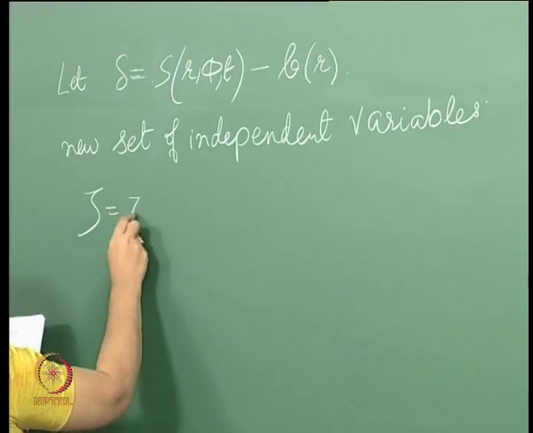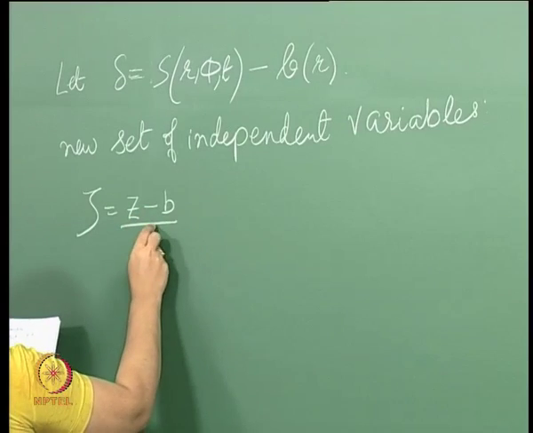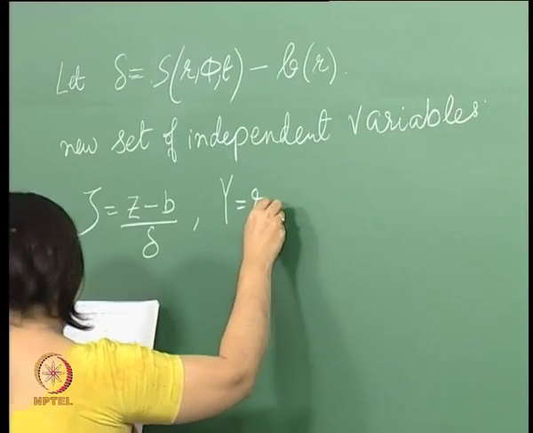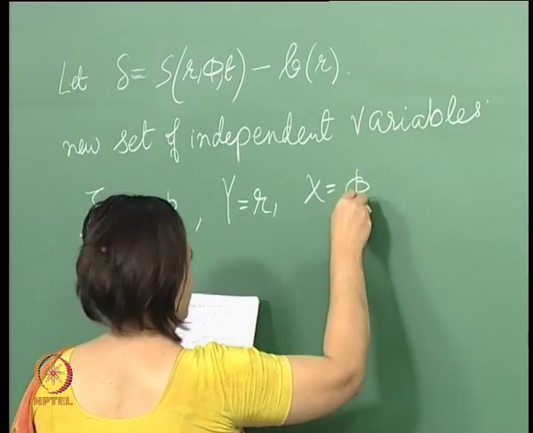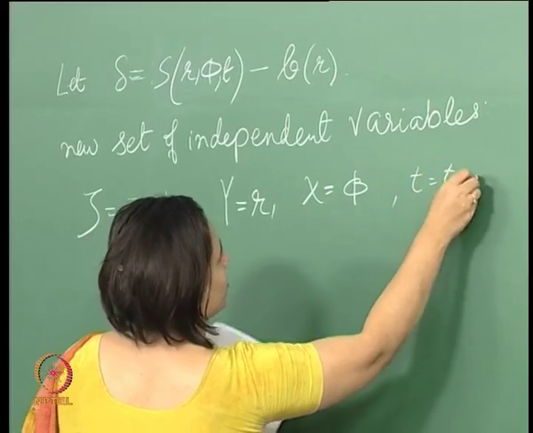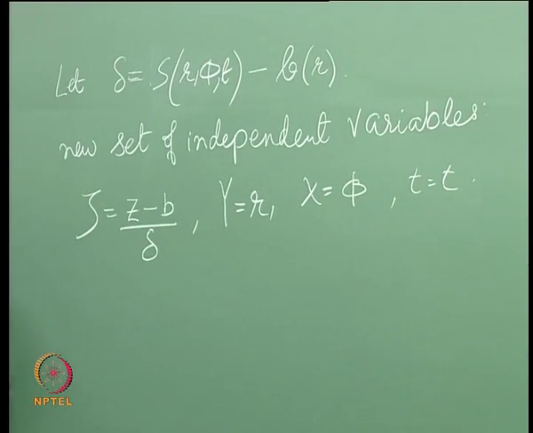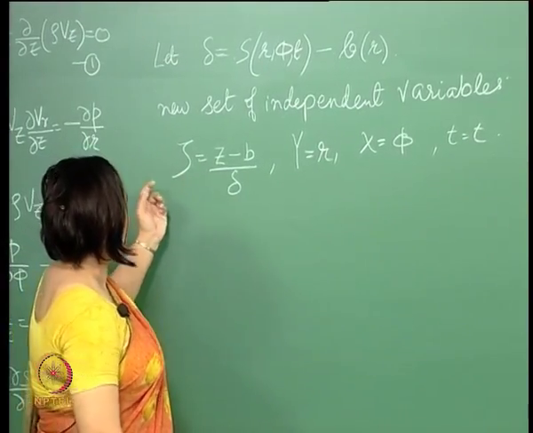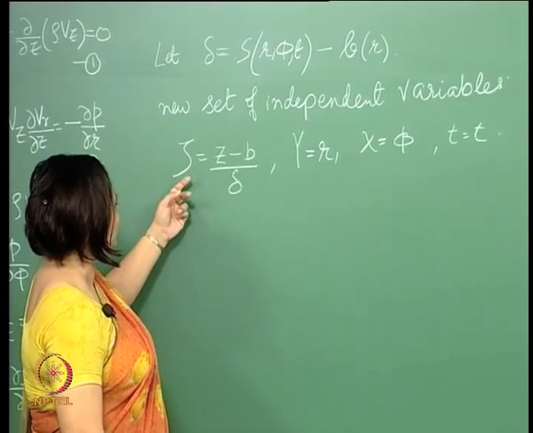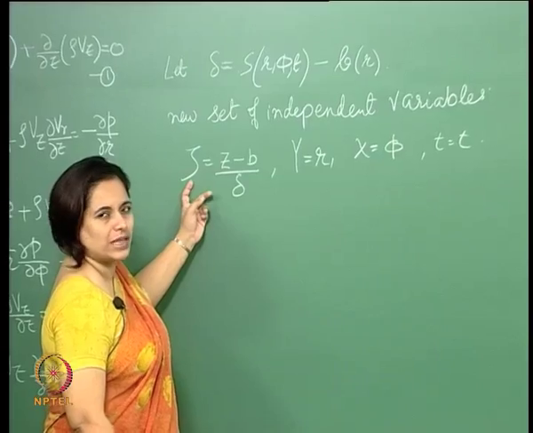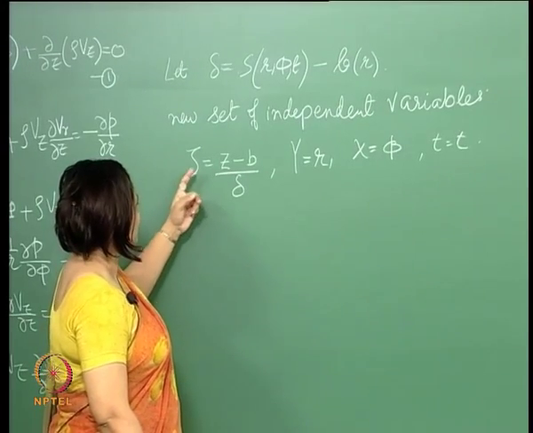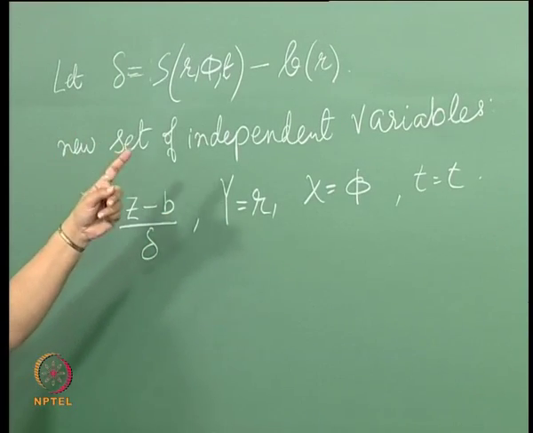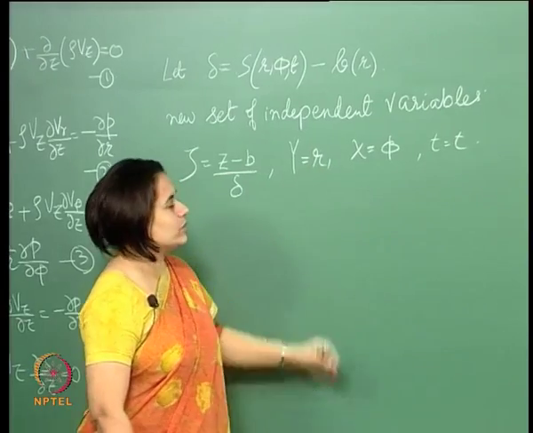Essentially these are the spatial coordinates. Time is time. So, now the independent variables: we have tau, where tau is z minus b divided by this delta, y is equal to r, x is equal to phi.